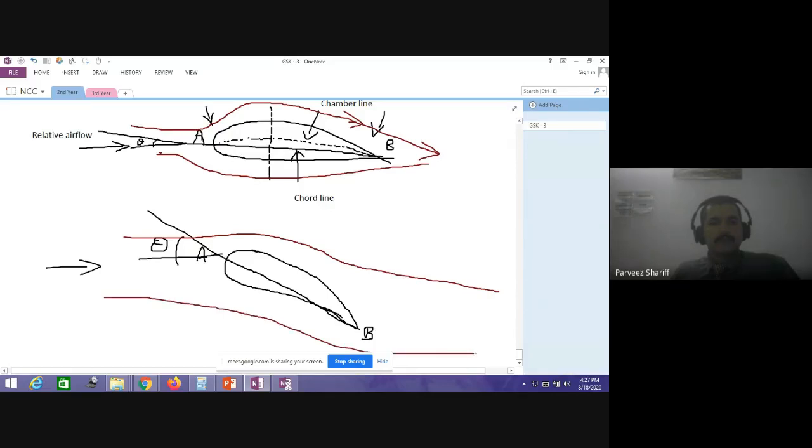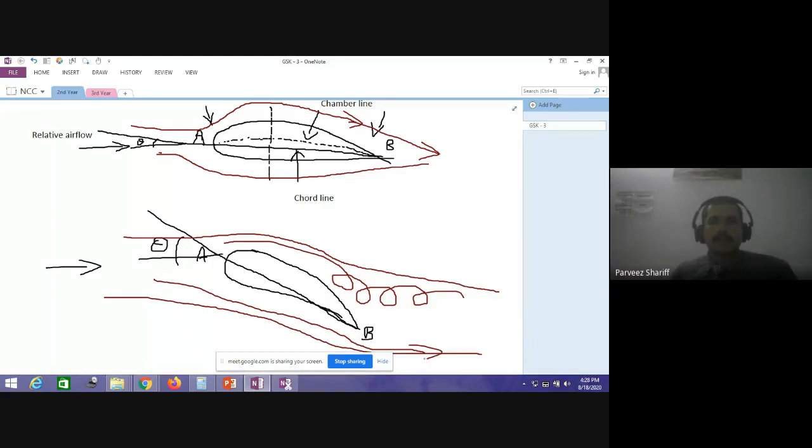It goes like this, and here turbulence is created. If the air does not meet, there is no smooth flow of air above the surface of the wing, and it loses the lift. The aircraft will lose the lift, and the aircraft will fall like a stone. This we call stall.